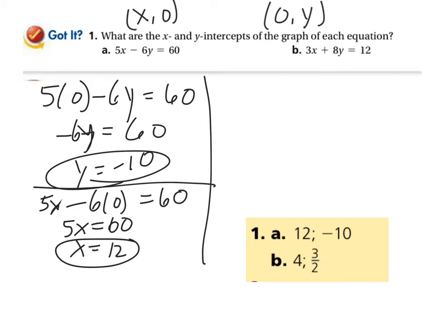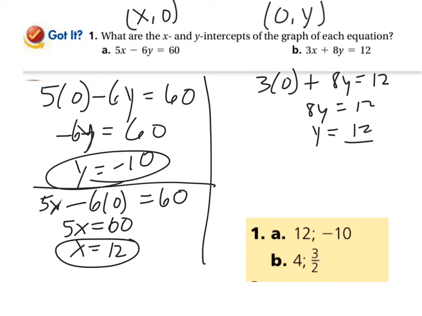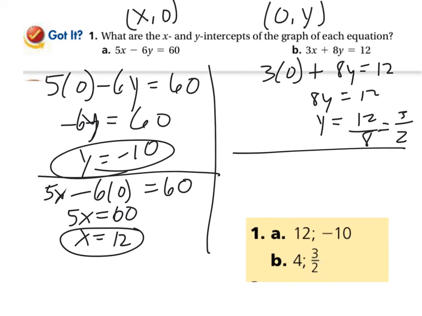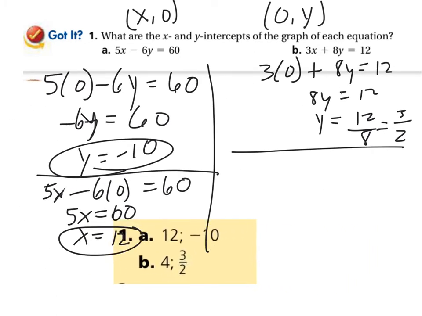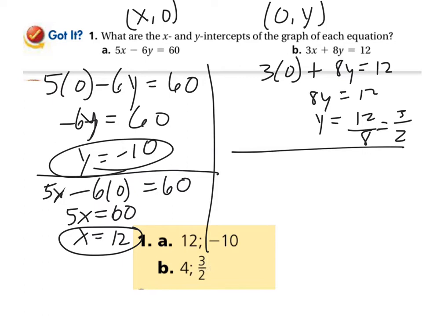And similar story on the other side. We'll start out with 3 times 0 plus 8y equals 12. So 8y equals 12. So y then is 12 eighths, which does reduce to 3 halves. And we'll plug in similarly 0 for y.